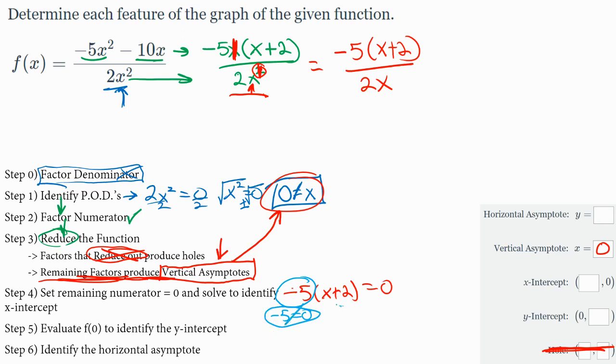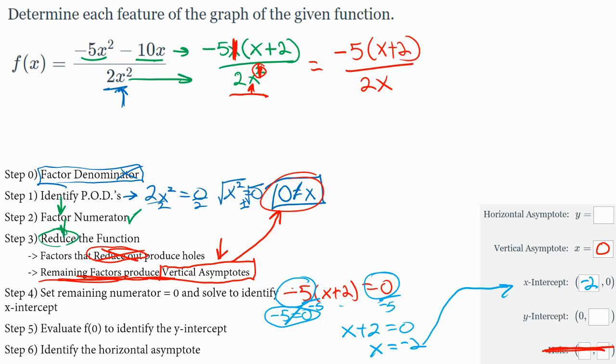What you should do is divide negative 5 from both sides and make it disappear. And really, you're just working with x plus 2 equals 0 and solving and getting x equals negative 2 as your x-intercept. So the x-intercept is the coordinate negative 2, and we were setting it equal to 0, so the y height is 0.